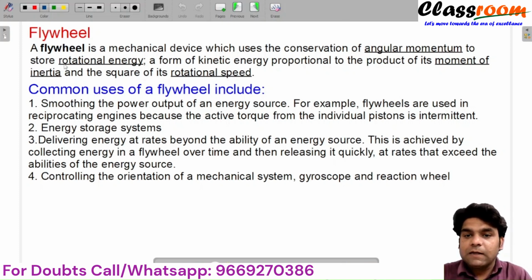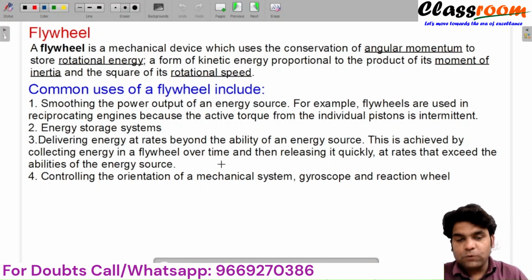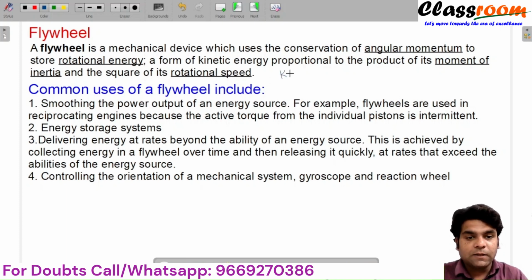A flywheel is a mechanical device which is used to convert the angular momentum to the stored rotational energy. A form of kinetic energy is also proportional to the product of moment of inertia as well as square of the rotational speed. We know that the kinetic energy of the rotation is given by this relation 1/2 I omega squared.